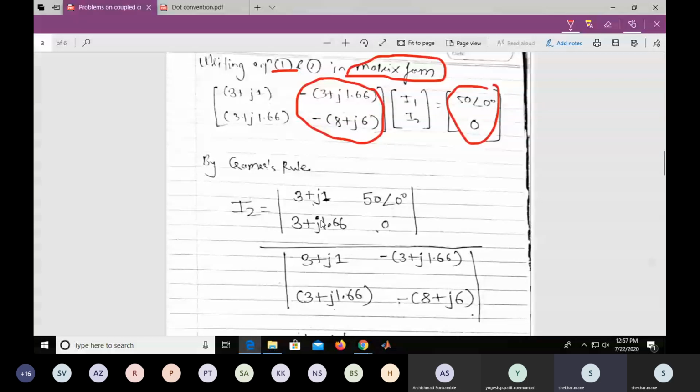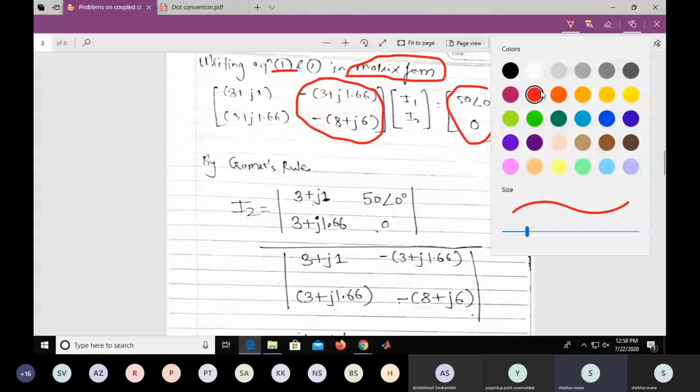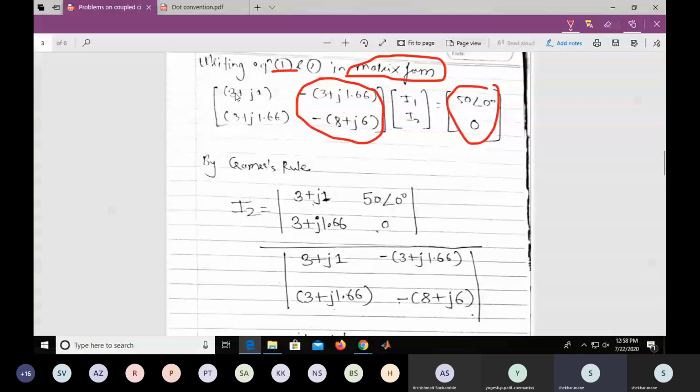So see the numerator, first part as it is and then constants 50 angle 0 and 0, and in the denominator 3 plus J1, this whole part as it is.